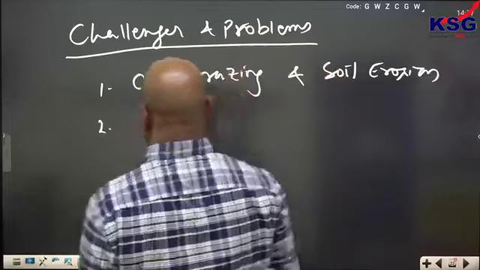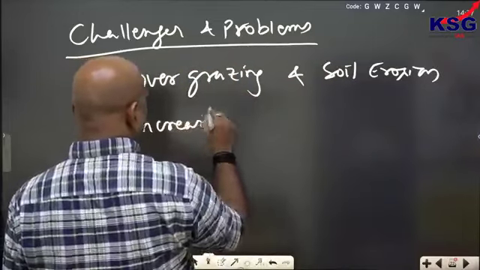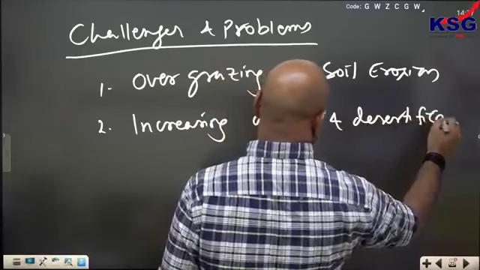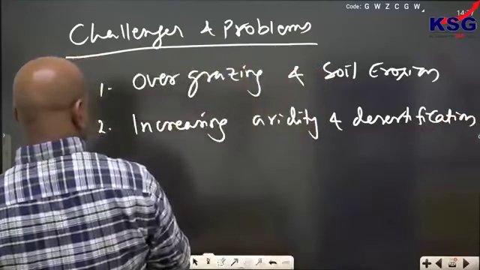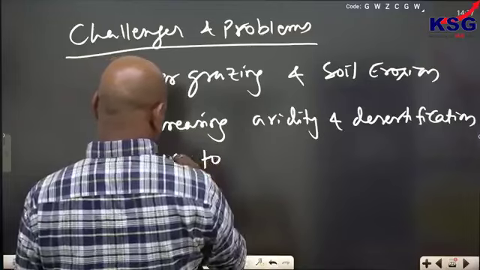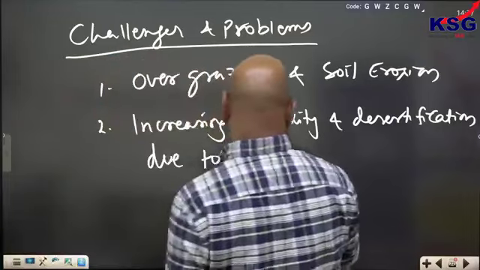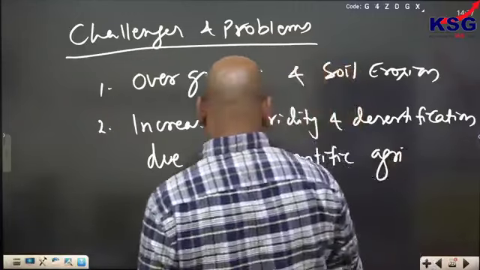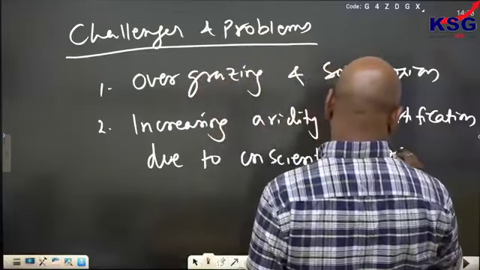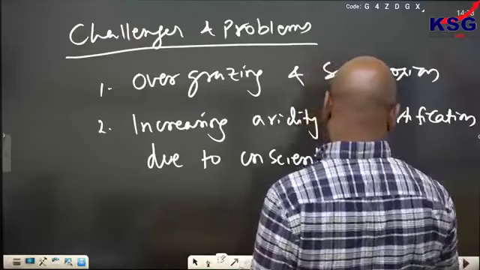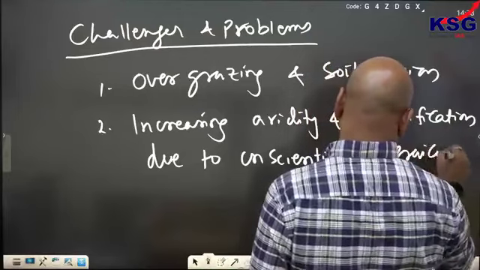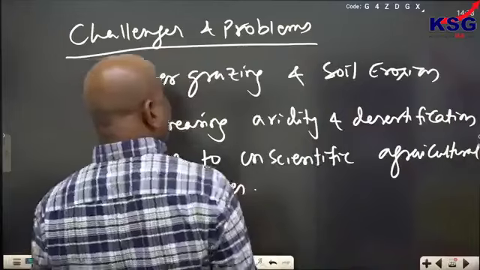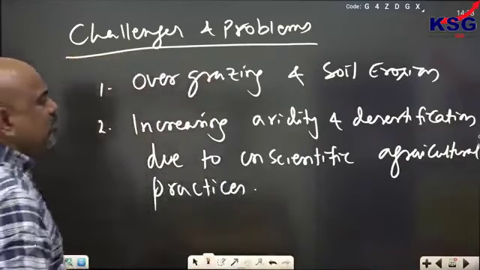Second is increasing aridity and desertification due to unscientific agricultural practices.